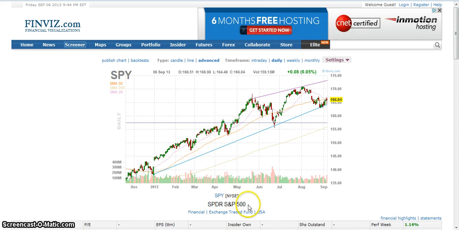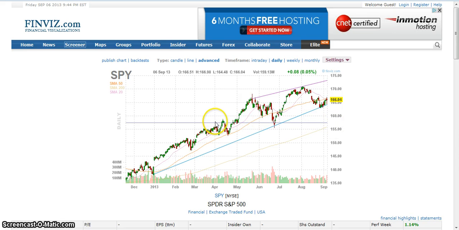SPY here, the ETF that tracks the S&P 500, didn't really establish resistance here. But it looks to me, and to finviz.com, that this is a good place for support. So if traders see the SPY ETF fall below this 157.50 level, they may take that as a sign that it's time to get out.